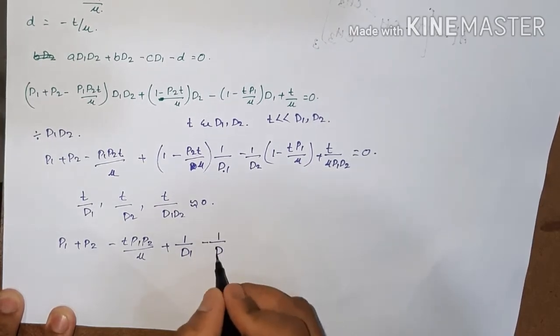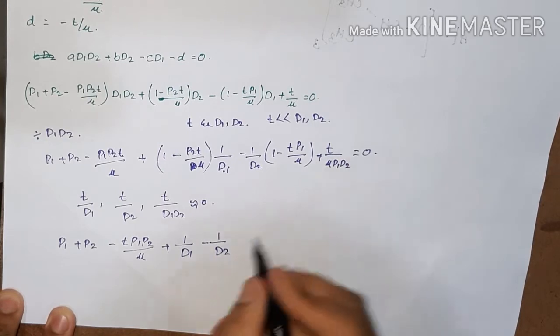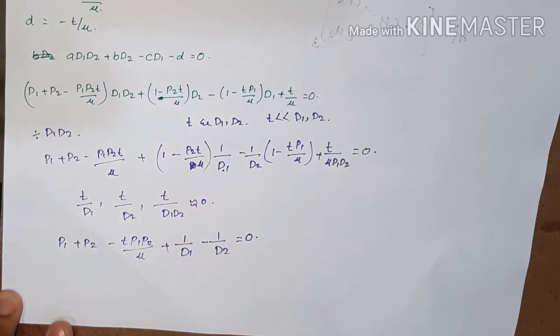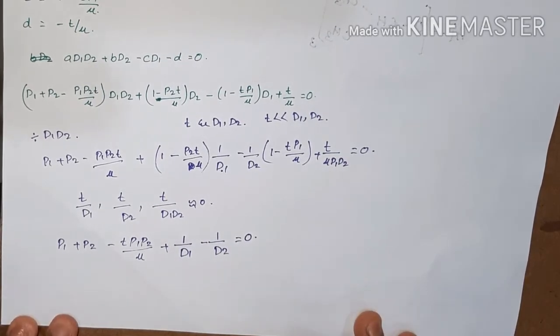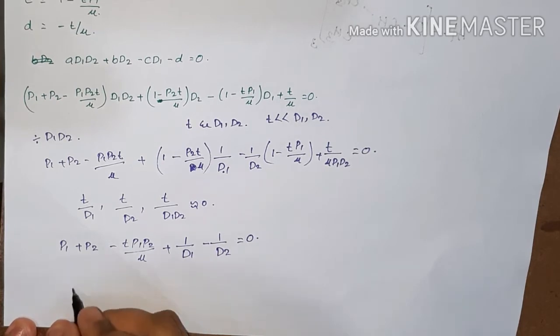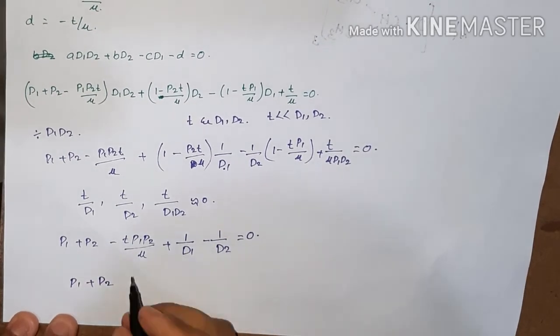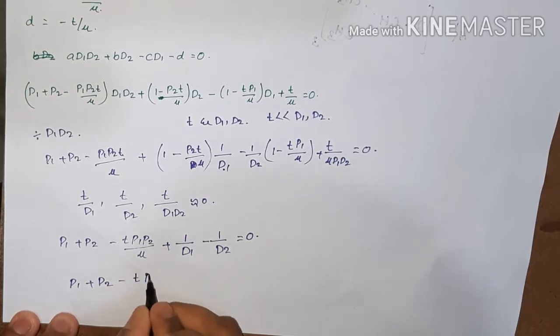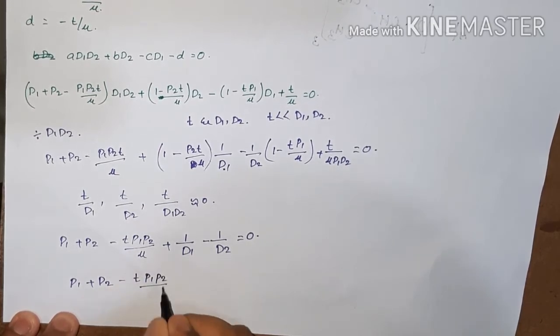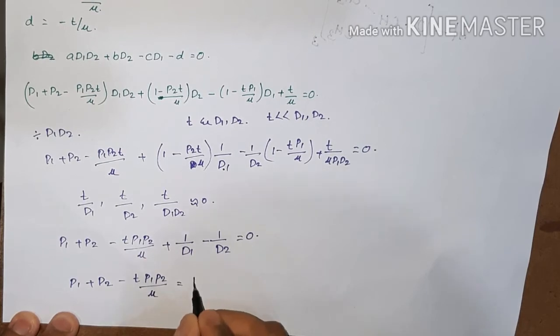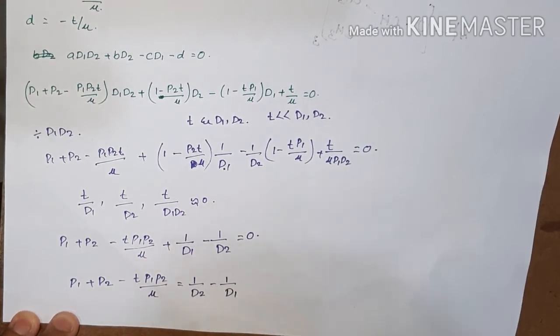That means 1 by d2, and this whole term will go to 0, will be equal to 0. Now I am just rearranging this equation: p1 plus p2 minus t p1 p2 divided by mu will be equal to 1 by d2 minus 1 by d1.